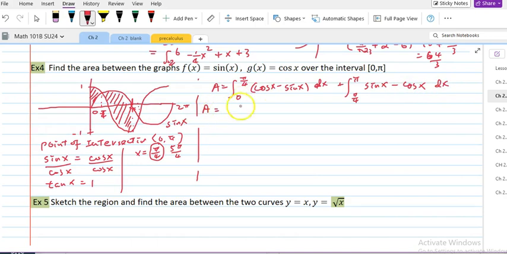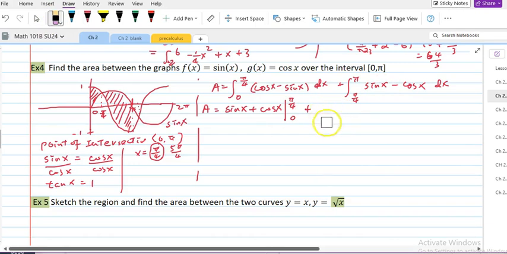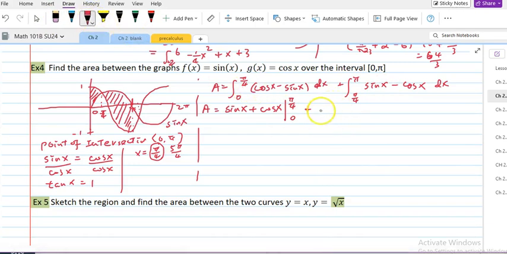So A would equal, when we do the integral, sine x plus cosine x, because the antiderivative of cosine x is sine x and the antiderivative of sine x is negative cosine x. Evaluate from 0 to pi over 4, plus negative cosine x minus sine x, evaluate from pi over 4 to pi.